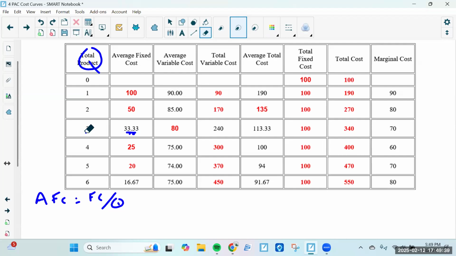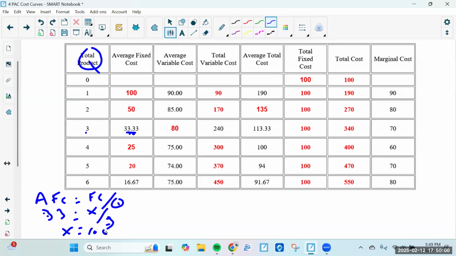So how about if I did 33 is equal to x divided by 3. Solve for x, we find out that x is 100. What is x? X is fixed cost. So this number tells me my fixed cost right here is 100.